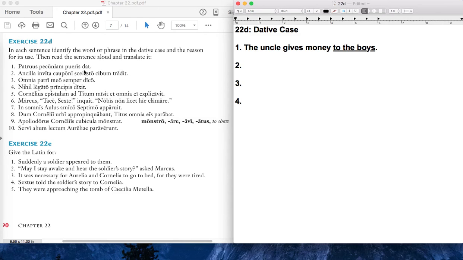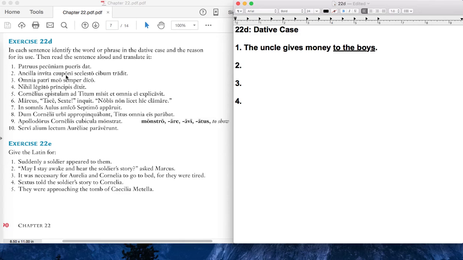Scelestō is a modifier for that innkeeper. Scelestus means wicked. Here it's scelestō. And cibum is food. So let's again follow the logic of the sentence here. Subject, verb, direct object, indirect object. The slave woman hands over food to the wicked innkeeper.